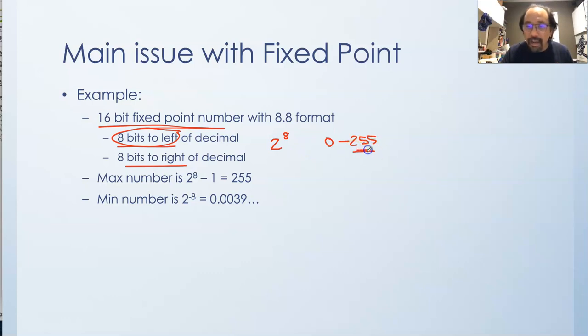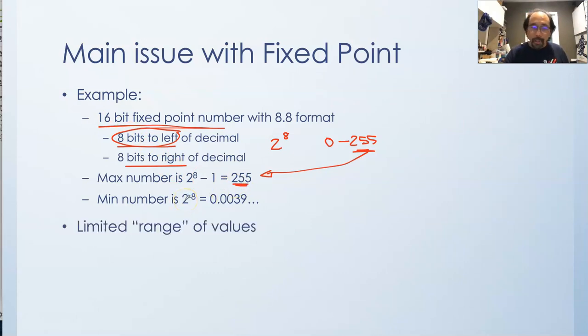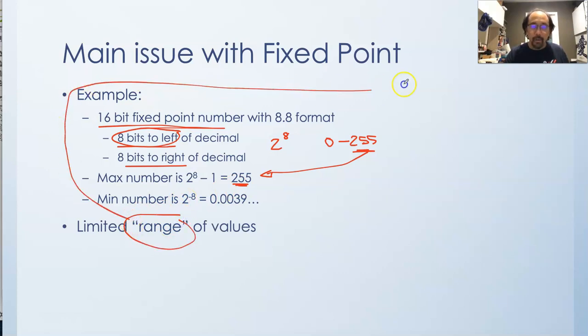So my max value is somewhat small. With 16 bits, this is actually not a very big number. And so the more significant issue with fixed point, I would say, is its somewhat limited range.